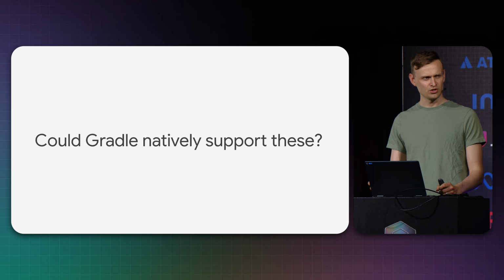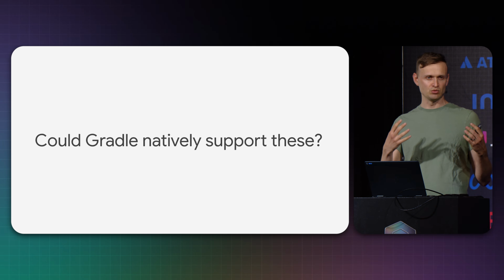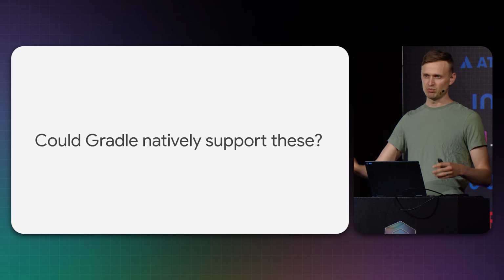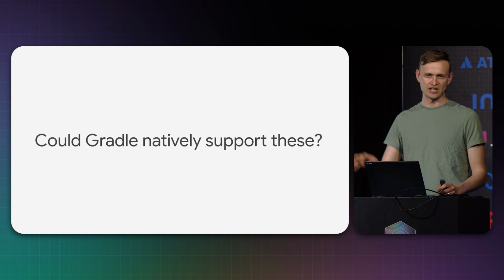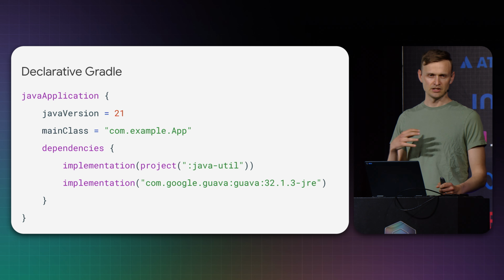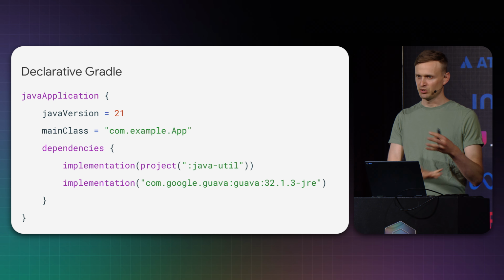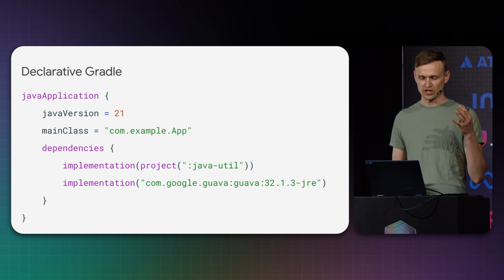And then you're like, okay, could Gradle support this natively? It feels like it would be a nice thing that Gradle would just do out of the box, and you don't have to maintain any of these models and any of this setup and any of the linking. And Gradle kind of does. So if you looked at a declarative Gradle project, it is a project that allows you to do exactly that. You kind of define your software type and all of the things you want it to touch.